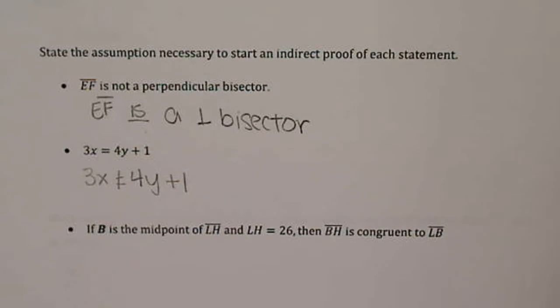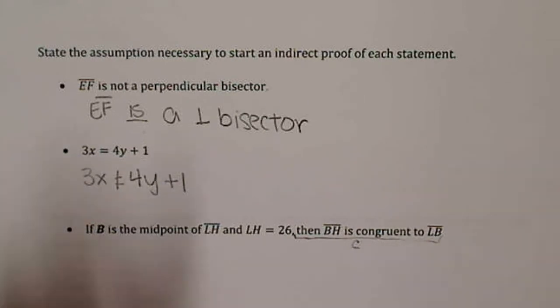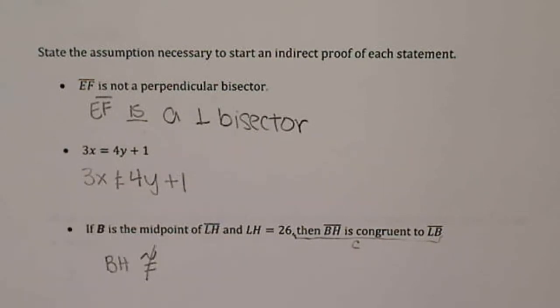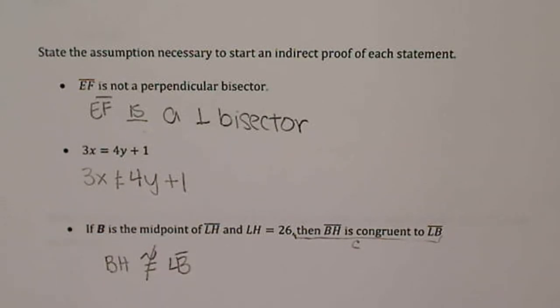Here's where I have a whole statement, and I talked about identify the conclusion. This part right here, the then part, that's my conclusion. Step 1 said to try to prove it opposite. So the opposite of it being congruent is it not being congruent. BH is not congruent to LB.